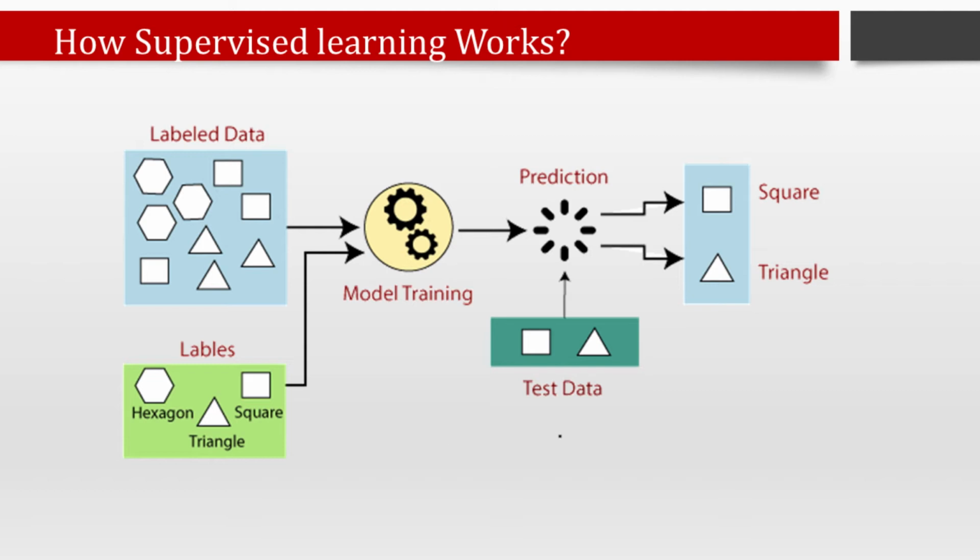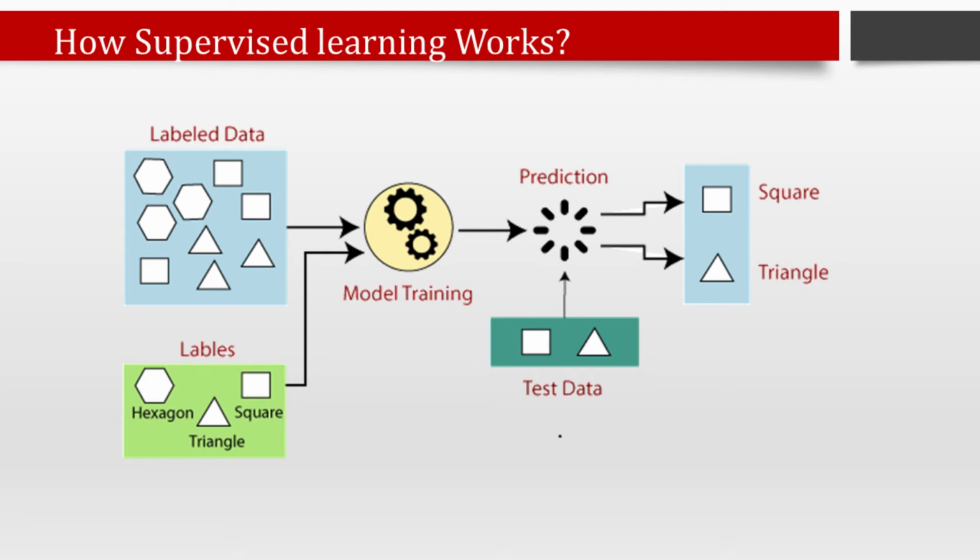The working of supervised learning can be easily understood by this example and this diagram. Suppose we have a dataset of different types of shapes, which includes square, rectangle, triangle, and polygon. The first step is to train the model for each shape.